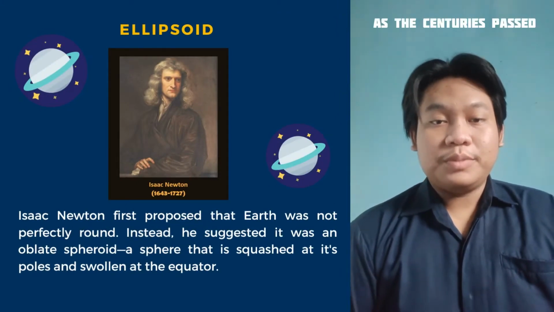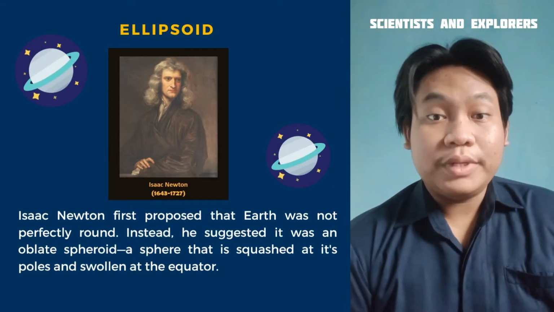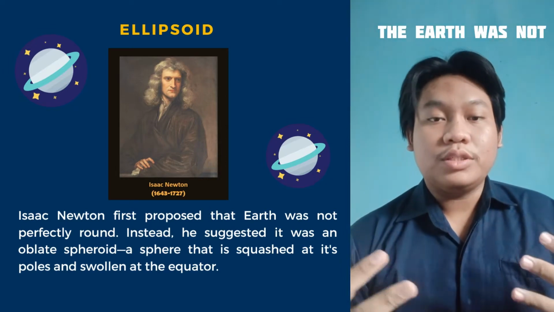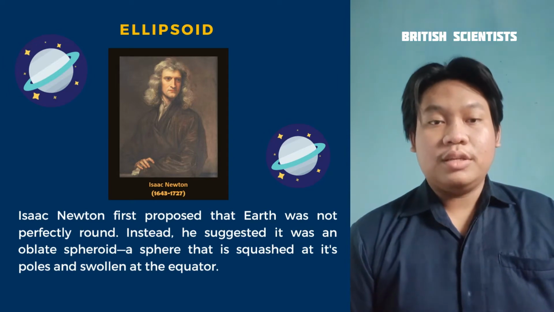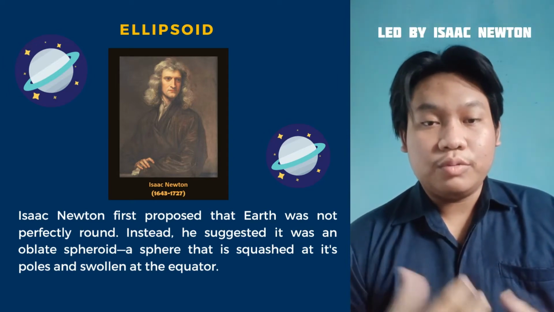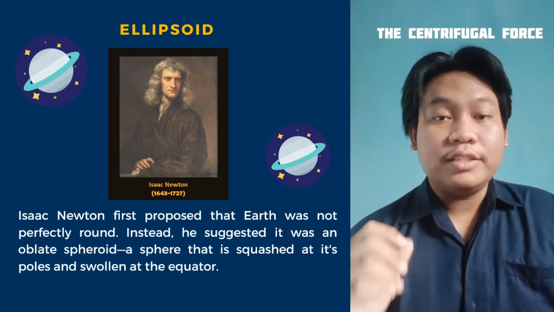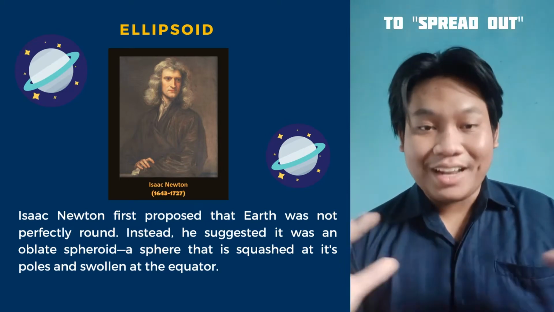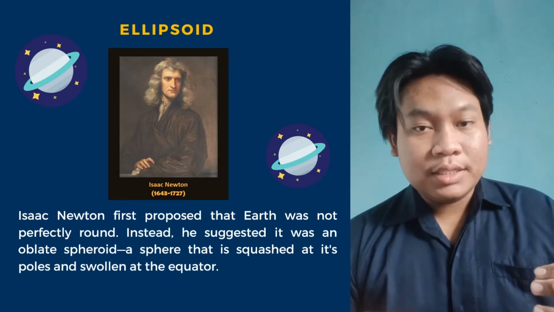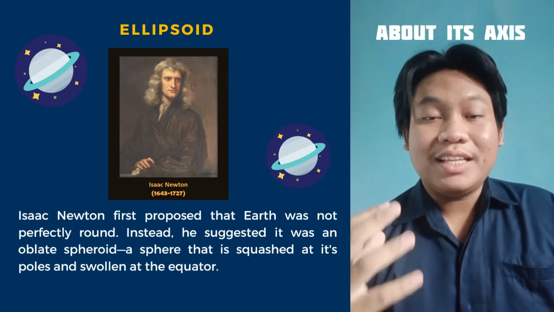As the centuries passed, scientists and explorers began to realize that Earth was not a perfect sphere. According to Geohunter, British scientists led by Isaac Newton theorized that the centrifugal force from the Earth's rotation would force the Earth to spread out from east to west as it rotated about its axis.